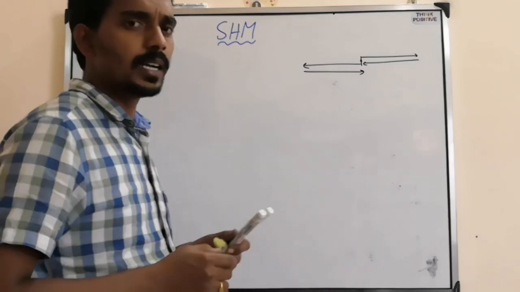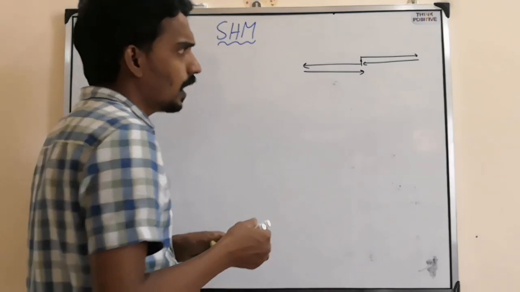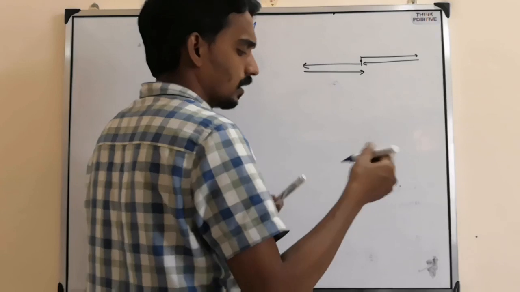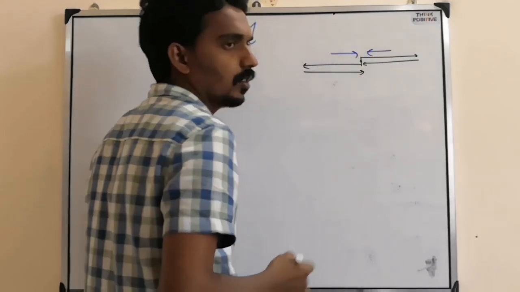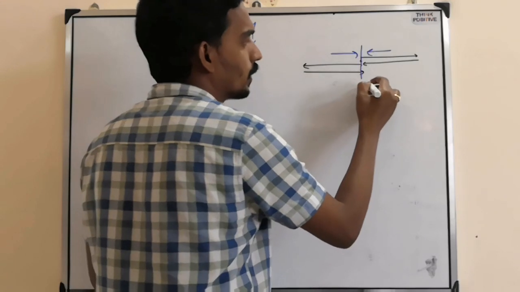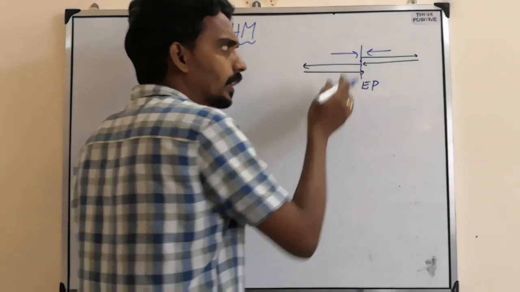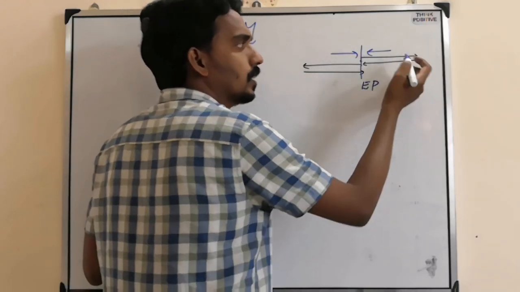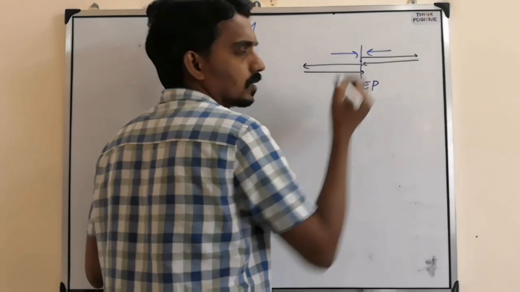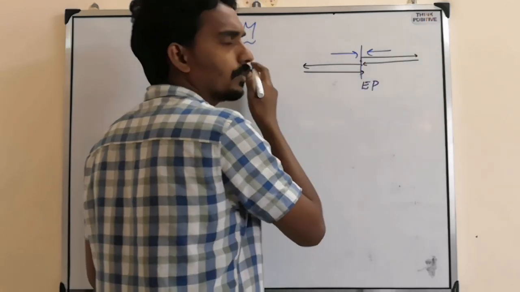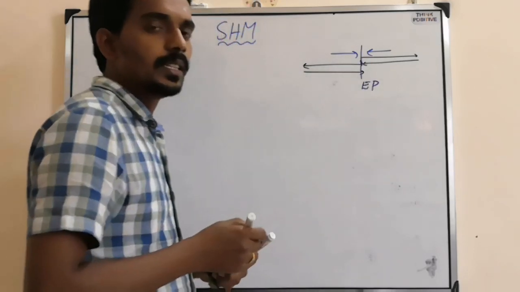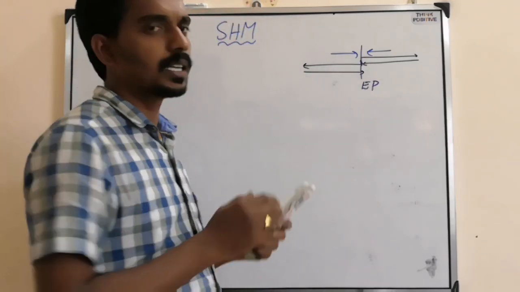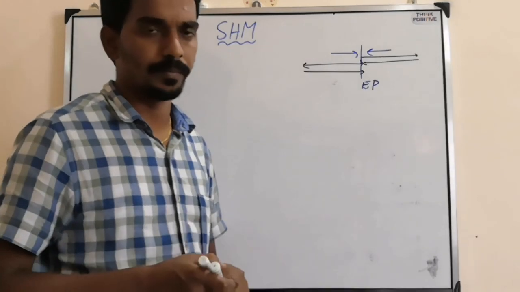In an oscillatory motion, if the acceleration of the particle is always towards a fixed point, that equilibrium position, it is moving right side but acceleration is towards this. If it is moving left side, still the acceleration is towards this point. Then we say that the particle is in SHM.